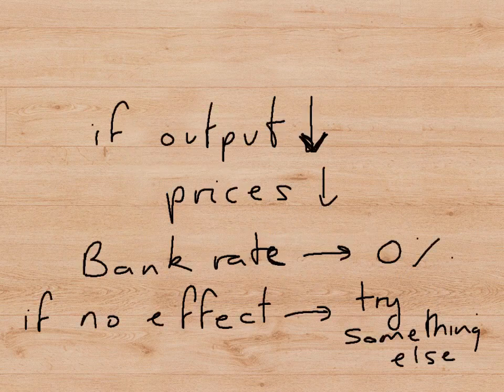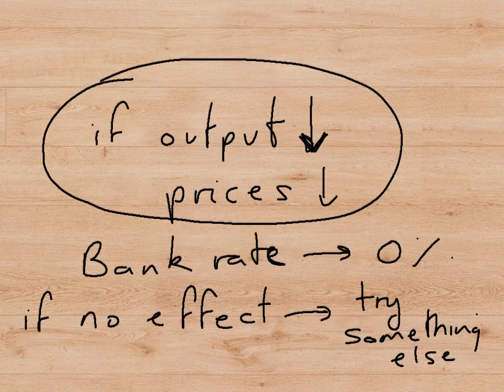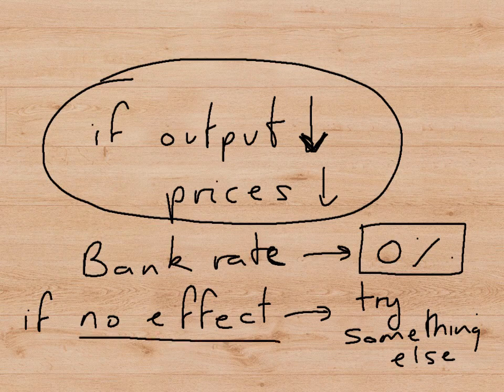So it is possible to have a scenario where we have an economy where output is falling and prices are actually falling, in other words, a deflationary economy. The bank rate may go down all the way to 0%, and there still may be no effect on GDP. GDP may still continue to fall and prices may still continue to fall, even though the bank rate is as low as it can possibly be.